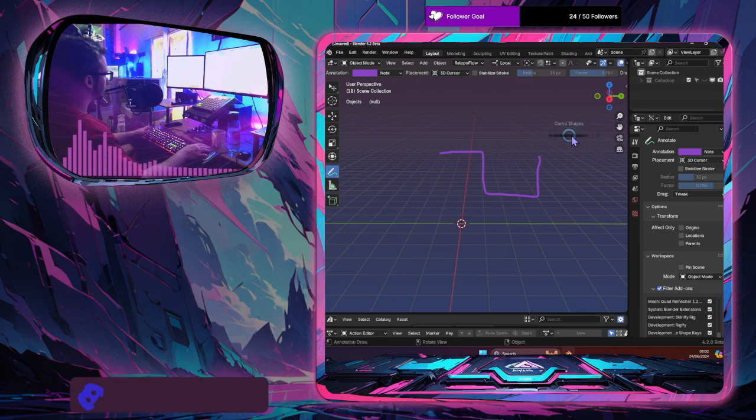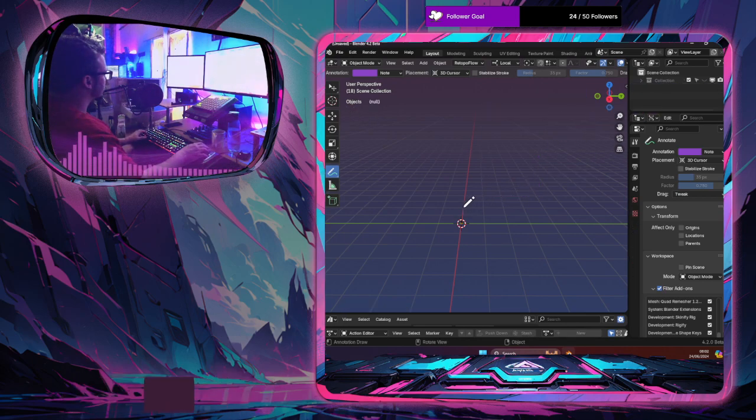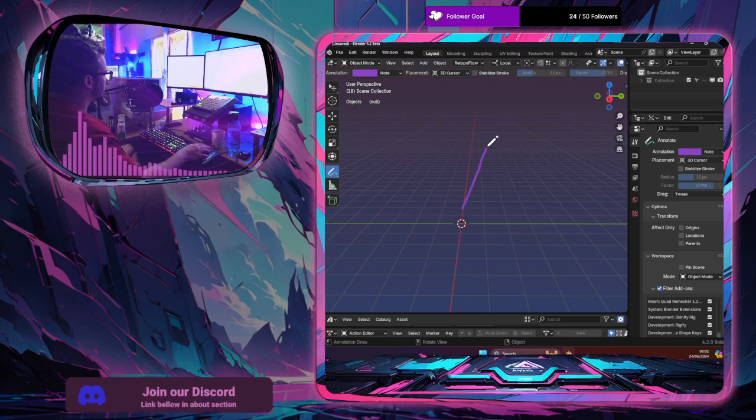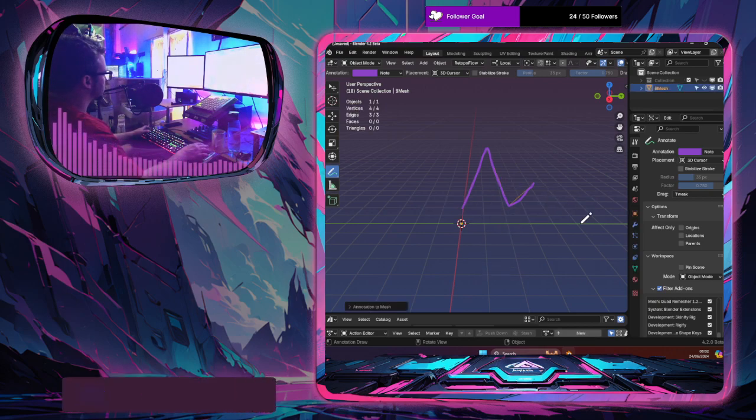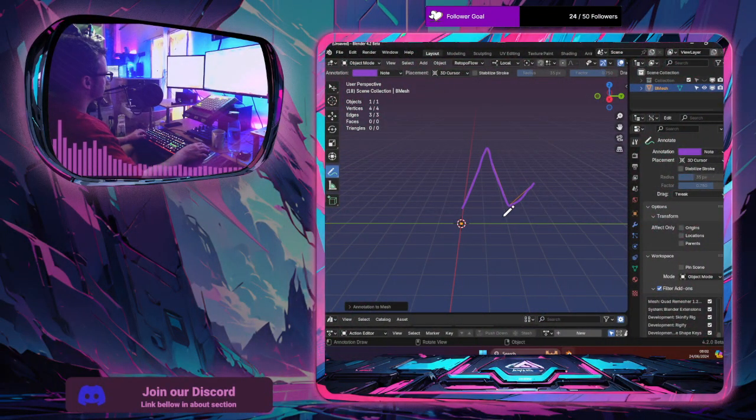Is this a square? No. Okay, so a triangle, I could go like this, and this has three angle changes, so this should be a triangle, yes? No, we do not know what that is. Some crazy shape. Good.